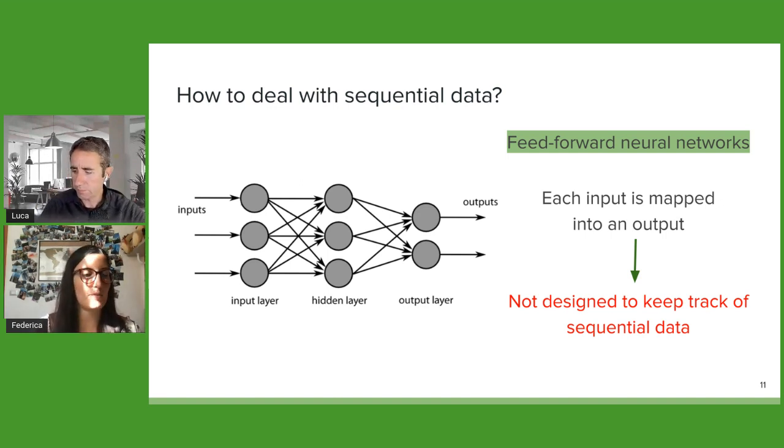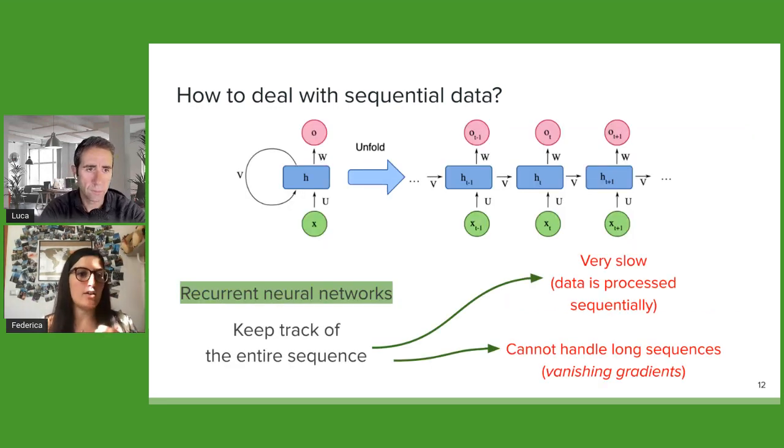Okay, so as I said before, feed-forward neural networks work well for one-to-one schemes, but cannot keep track of sequential data. They do not learn any relationship, because each input is mapped into an output independently. So that is why recurrent neural networks were introduced.